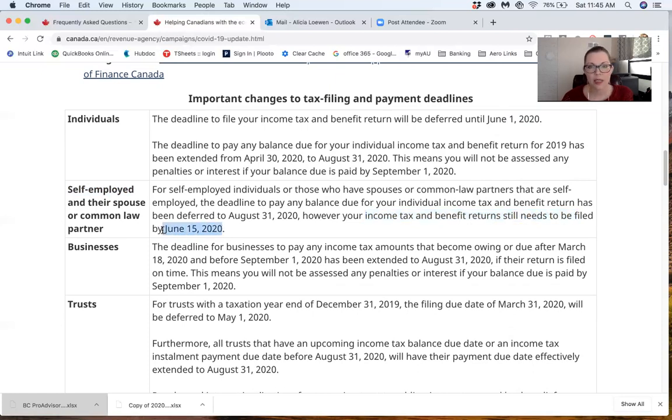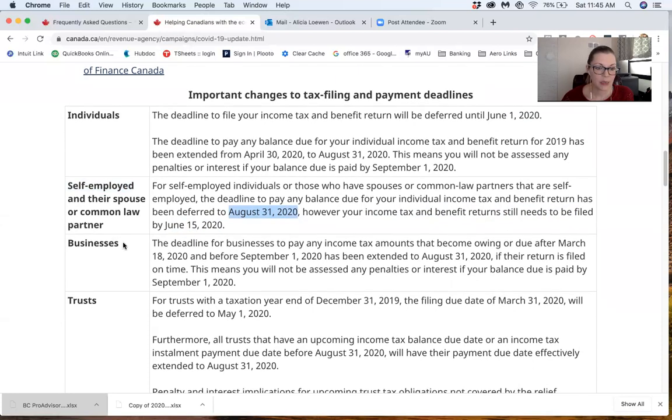Okay, so no extension to the deadline for sole proprietors, but there is an extension to the payment term. Normally you have to pay by April 30th. So they have extended the payment deadline to August 31st, and there will be no interest or penalties if you pay by August 31st for your income taxes.